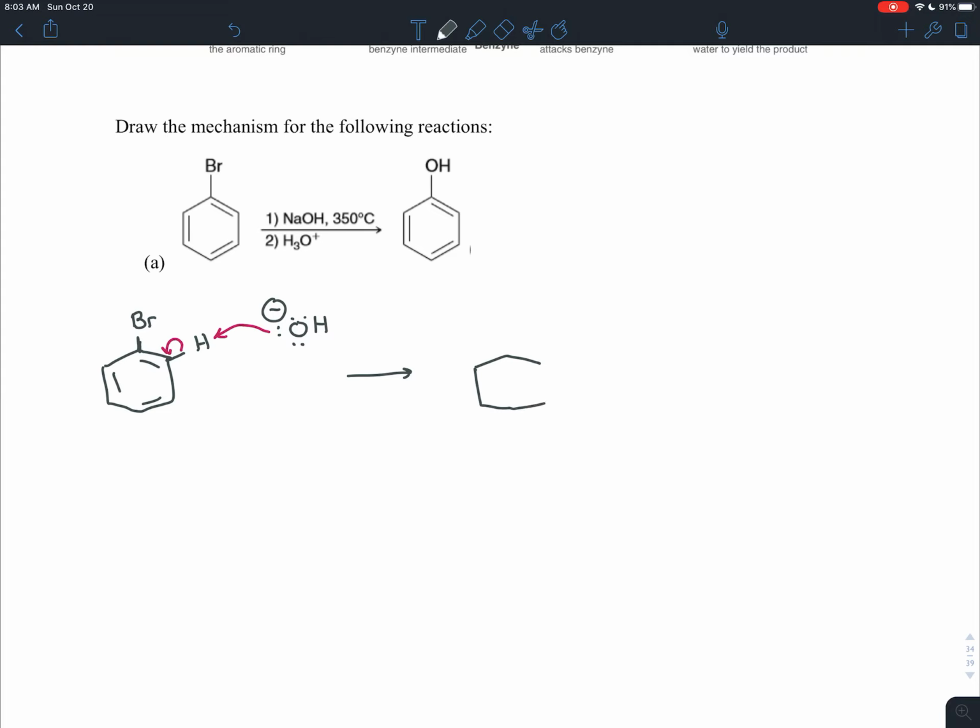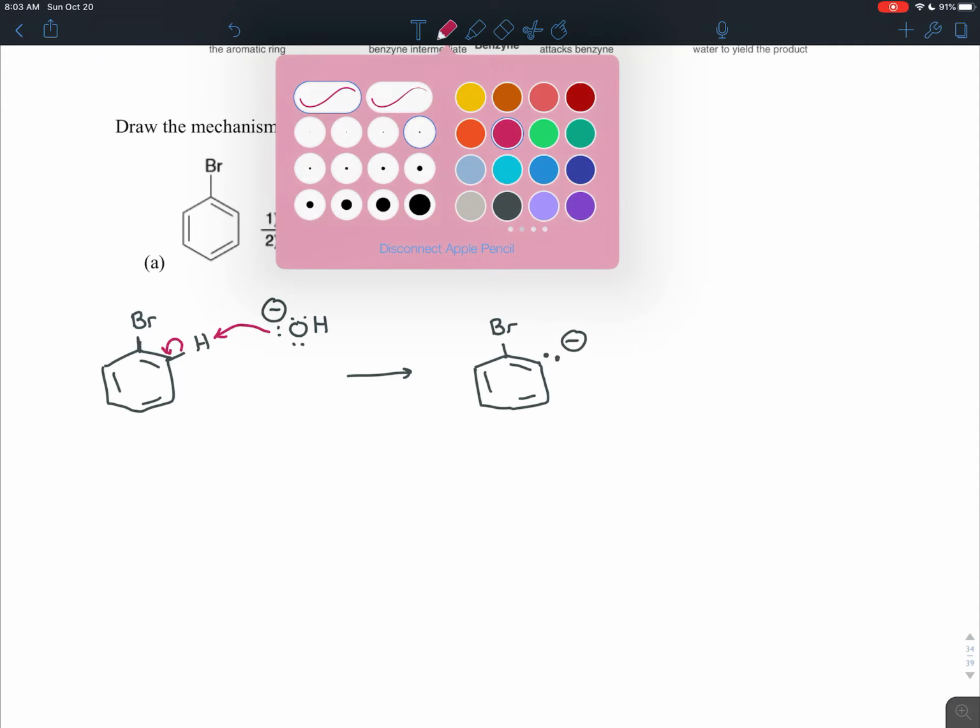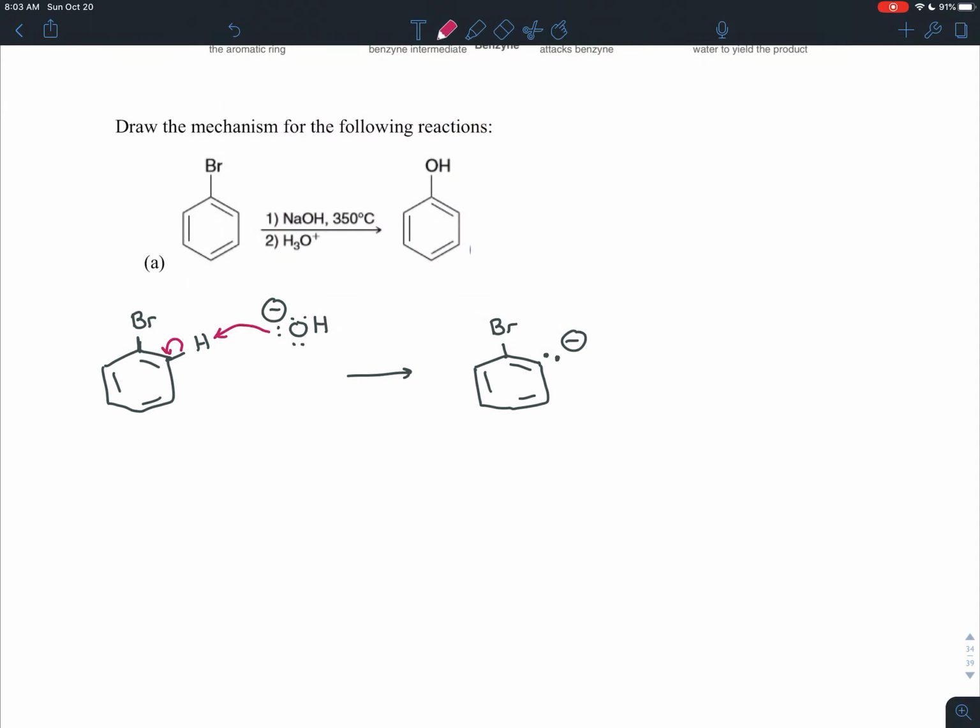So now we have this interesting intermediate. It's really unstable. And this is where you're able to form that intermediate that equalizes the two carbons, the carbon that the bromine was attached to and the carbon next door.